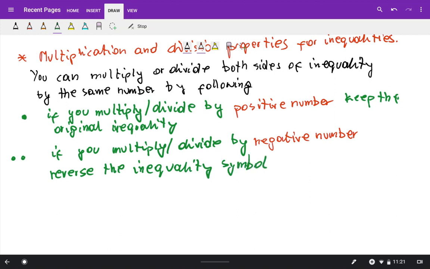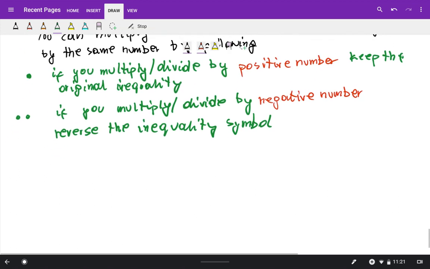So that means less than becomes greater than, or greater than or equal becomes less than or equal. Okay. So let's do the examples with multiplication and division. Let's practice that.